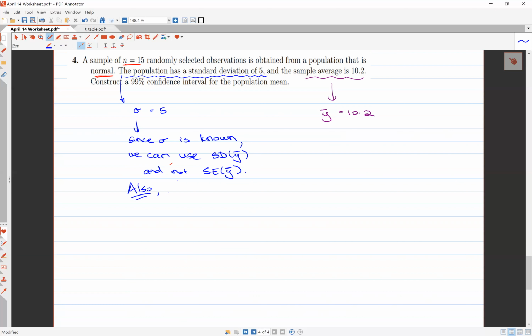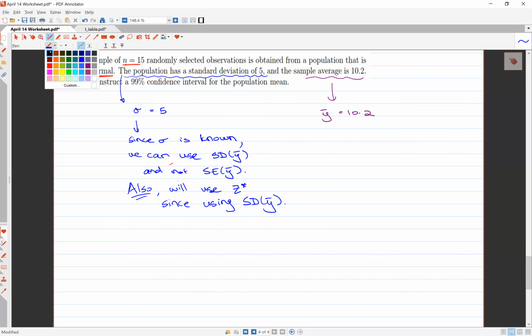Also, when you're using the standard deviation, you're no longer going to use the T star value, you're going to use a Z star value.